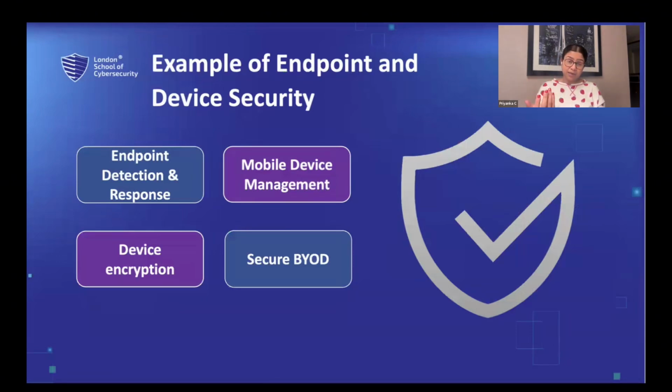Because this is around endpoints, one of the key controls is endpoint detection and response. This is around things like antivirus, and how you can detect when something is going wrong. So it is about protecting your endpoint devices, like I said, the laptops, tablets, and mobile devices of the world, and the servers.